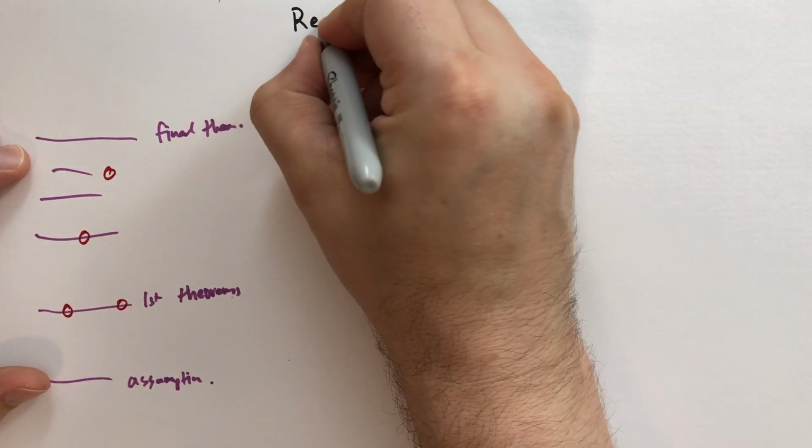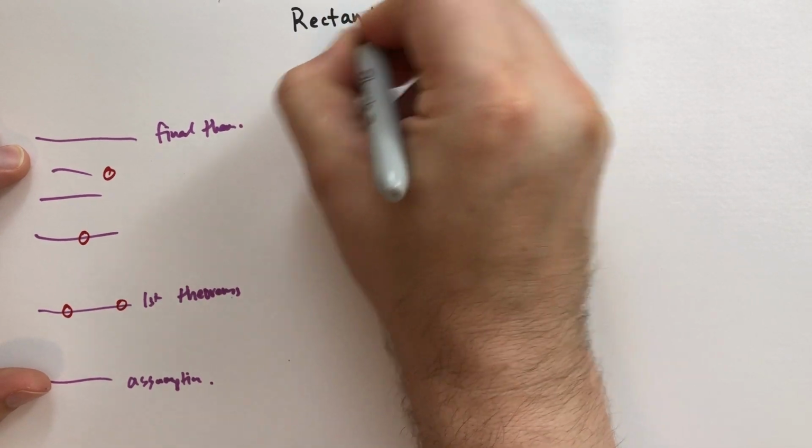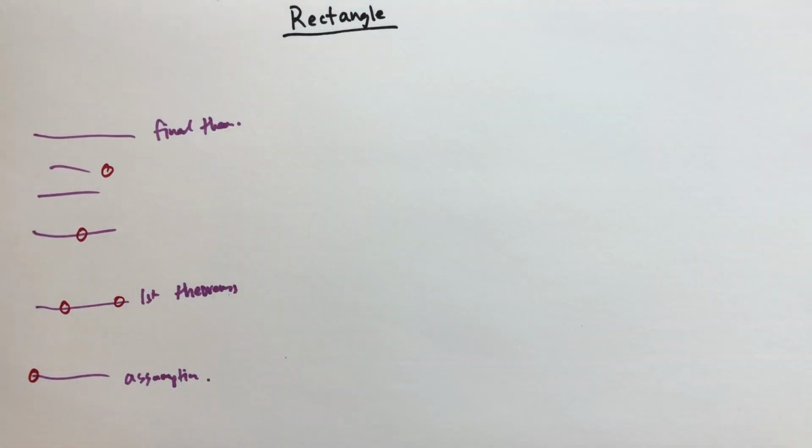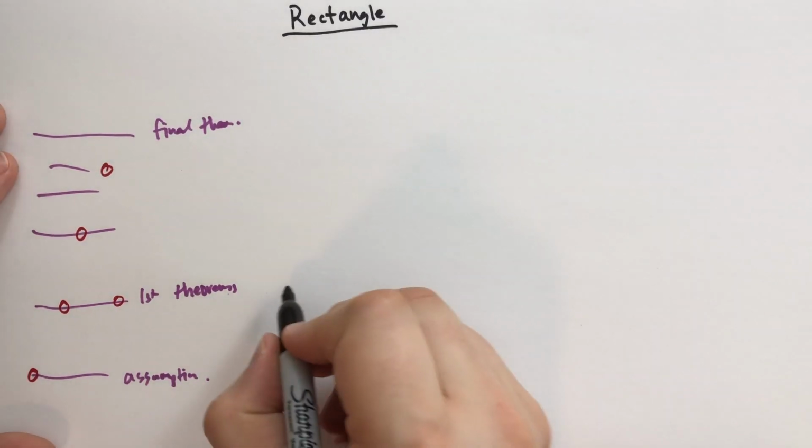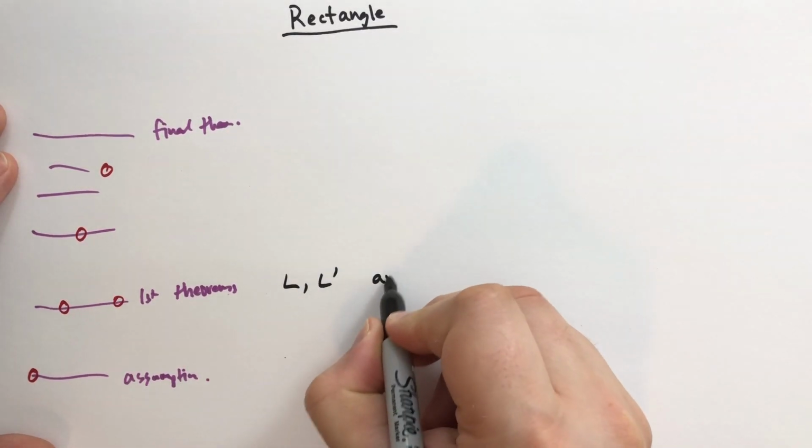You probably know what a rectangle is because you've seen them before, but let's talk about them formally. Let's say that we have this assumption that if we have two lines that are parallel, so I'm going to write this down here, L and L prime are parallel.